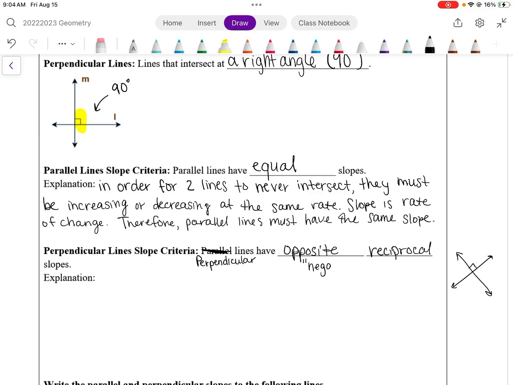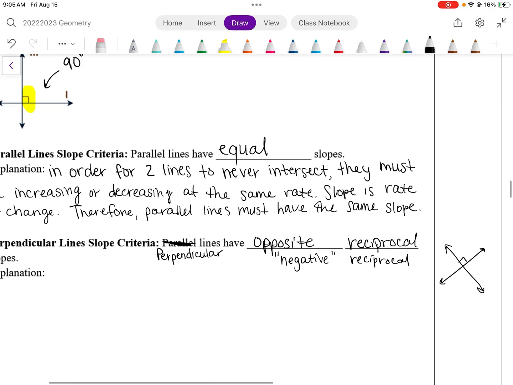So let's talk about what opposite reciprocal means. You might also see negative reciprocal. So the opposite or the negative part basically means one slope has to be positive and one slope has to be negative, unless you have horizontal or vertical lines, okay?